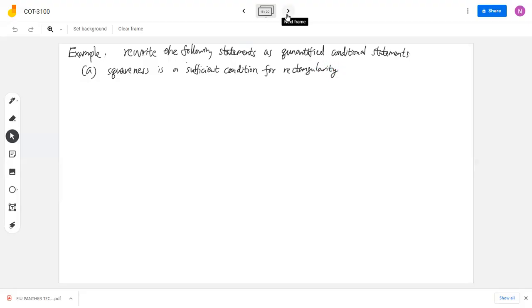That means if the shape is a square, then it implies that the shape is rectangular. And for the second one, we also want to translate it into logic language.